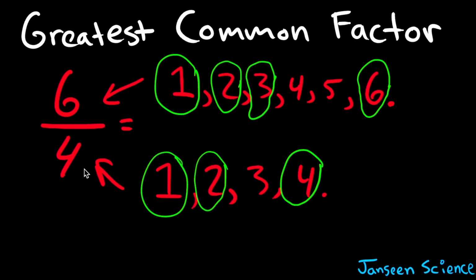Now, the reason why I stopped at 6 for the top number, and I stopped at 4 for the bottom number, is because, let's start with 6. We stop at 6 because any whole number, remember, whole number, not decimal, bigger than 6 just won't fit evenly into 6.